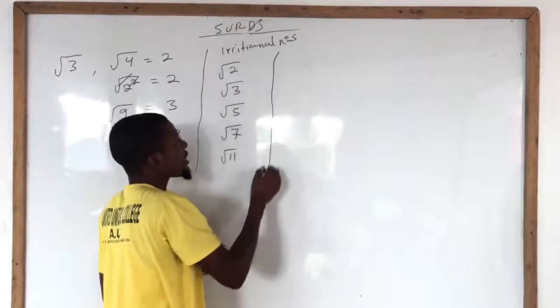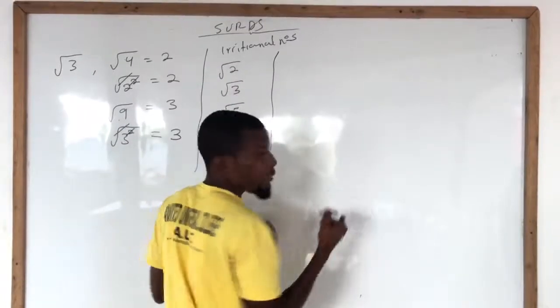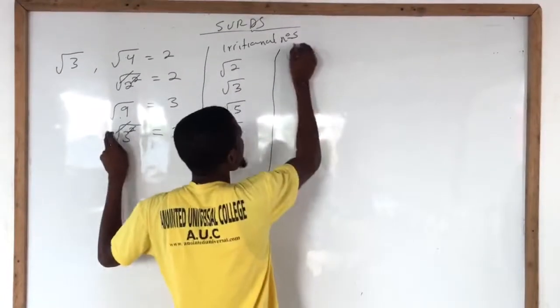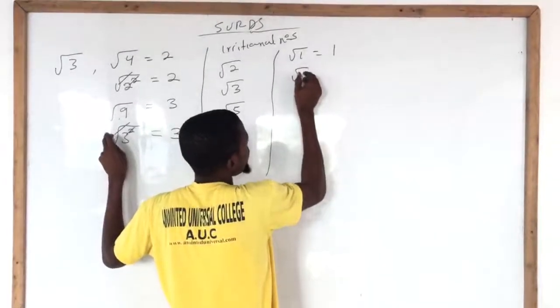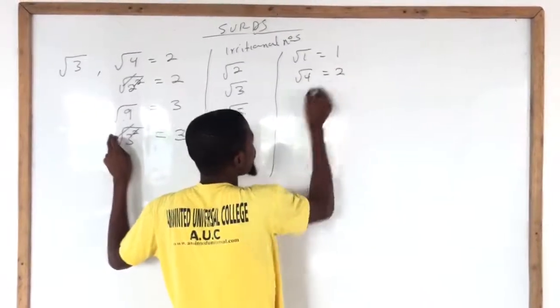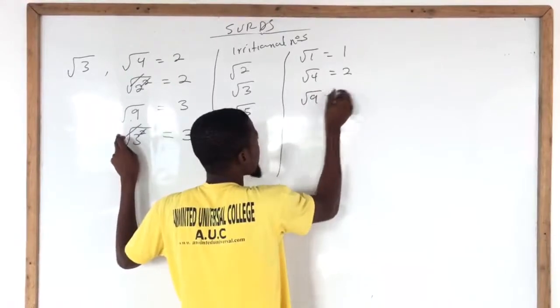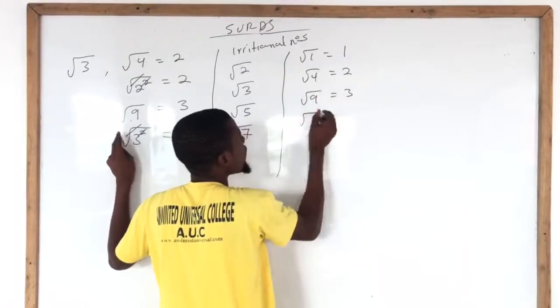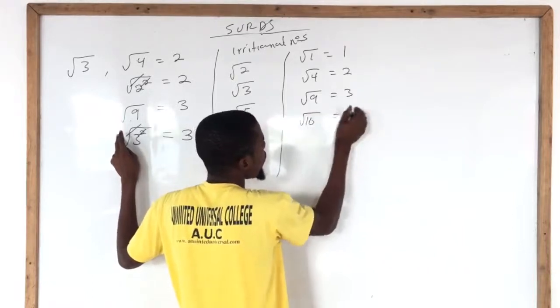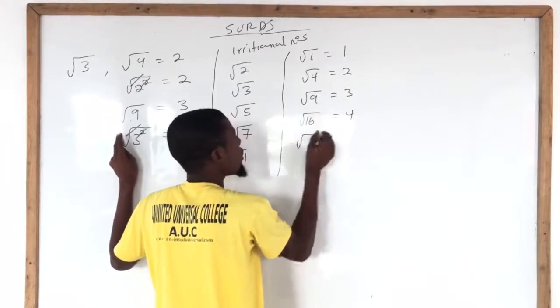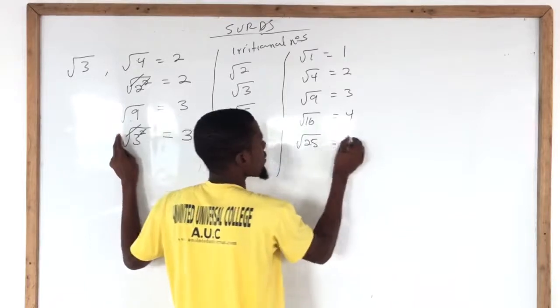And then examples like the perfect squares. We have root of 1, which is 1. We have root of 4, which is 2. We have root of 9, which is 3. We have root of 16, which is 4. We have root of 25, which is 5.